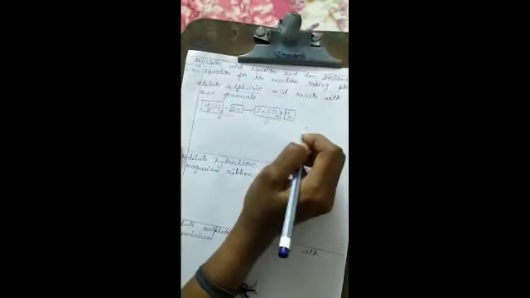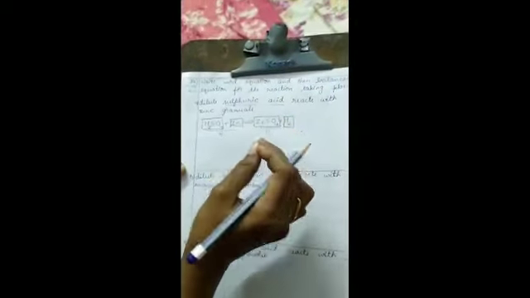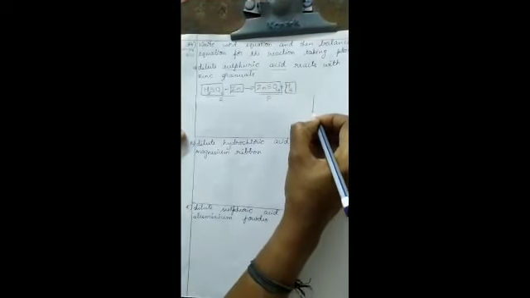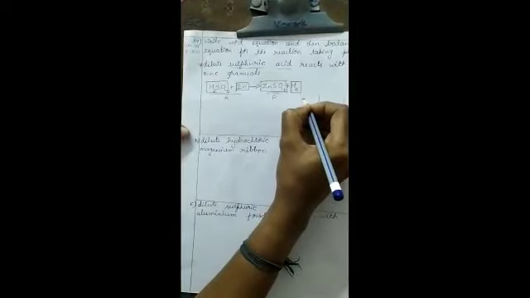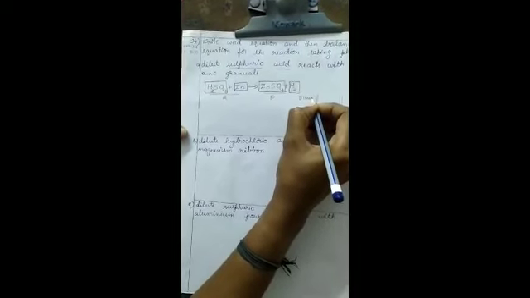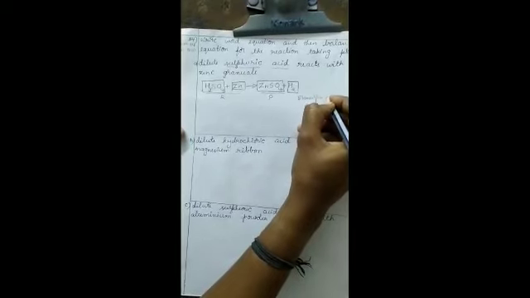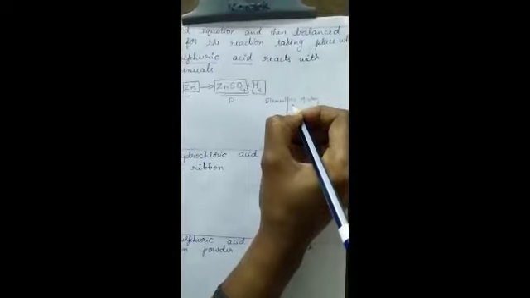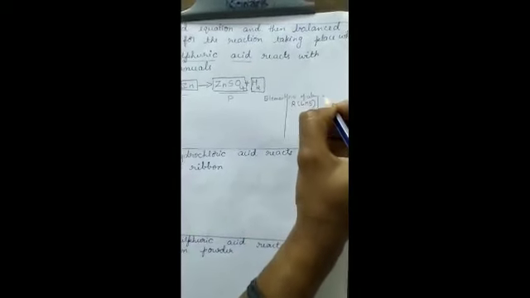After you draw the box, you should write the number of atoms of elements in reactant and product. So let's make 3 columns aside. In the first column, write the name of the element, then the number of atoms in reactant or LHS, left hand side.